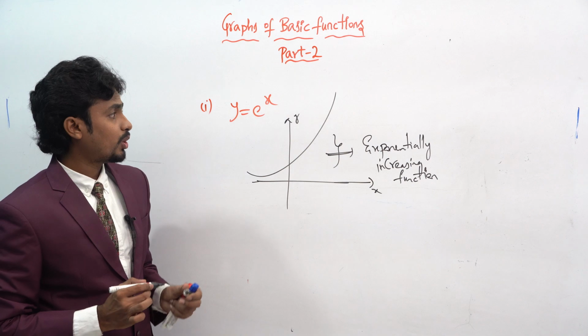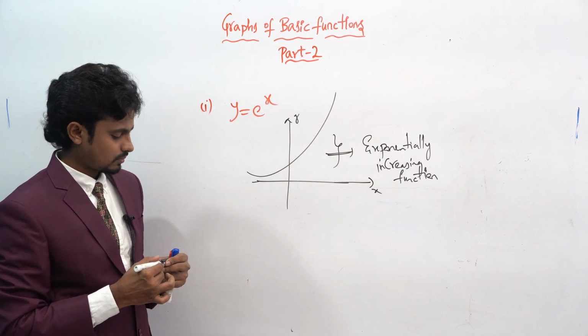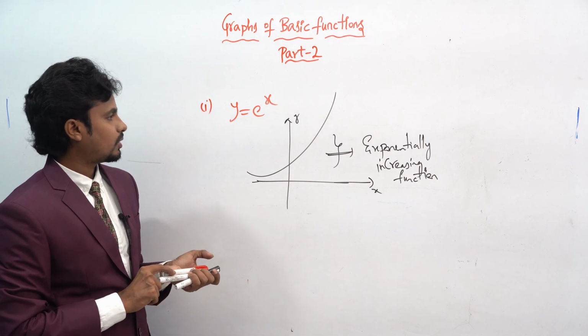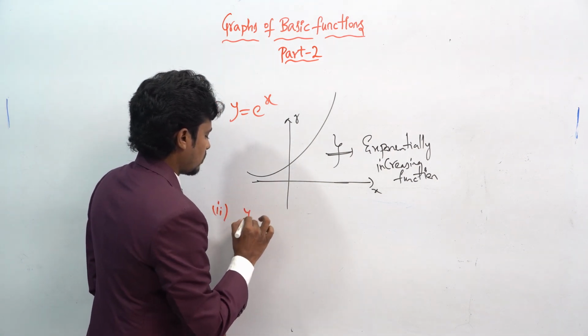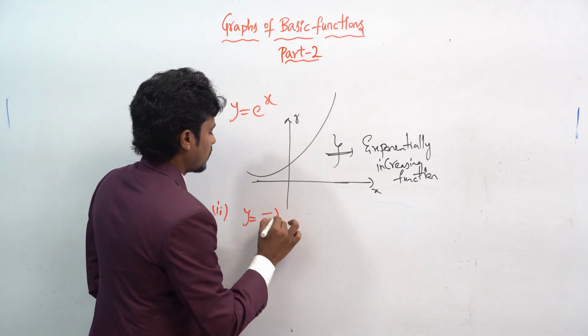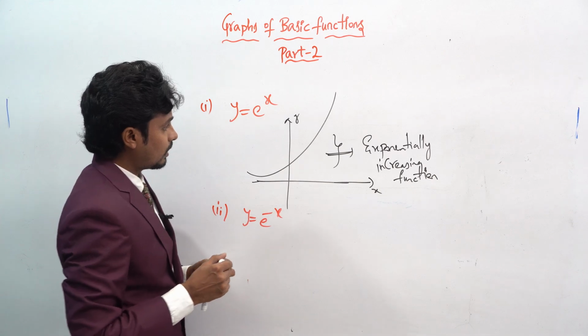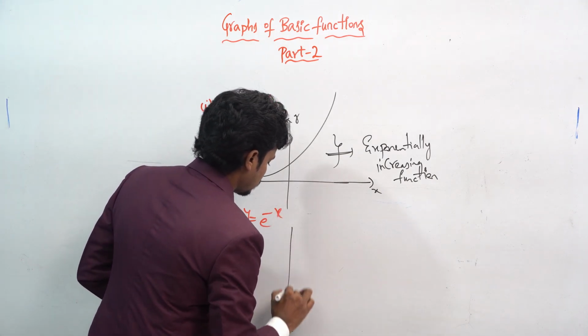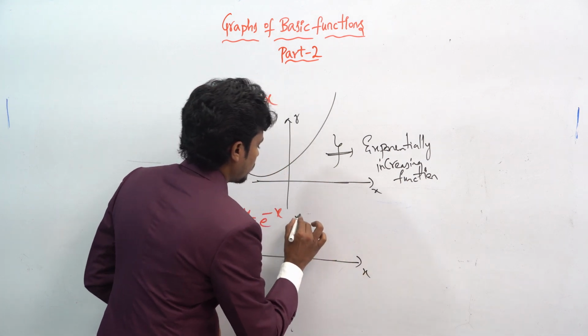And similarly, if you want to draw for y is equal to e power minus x, what will happen? Okay, the plot will be like this. This will be x and this will be y.